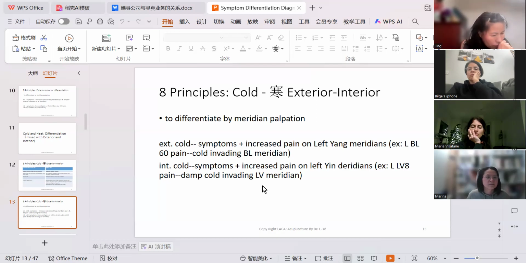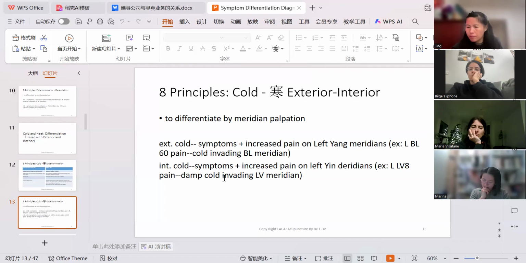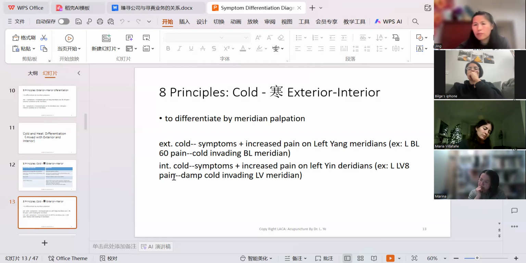Right, so that is the external cold, and internal cold normally has the symptoms looking at this chapter, the chart on page 12. More precisely, you look at increased pain on left yin meridians. For example, left side, left is to do with yin, right? Cold, liver 8 pain. So that could be damp and cold invading the liver meridian.